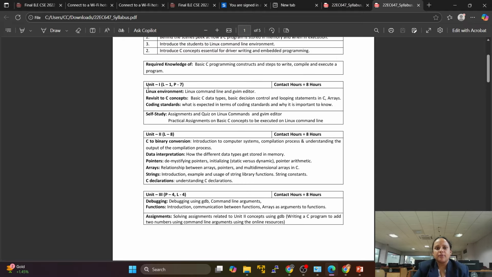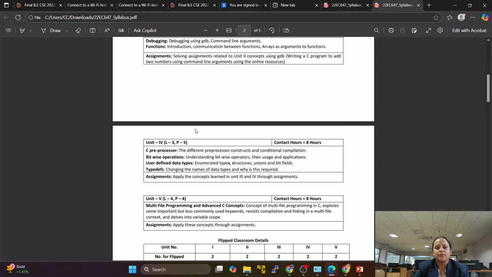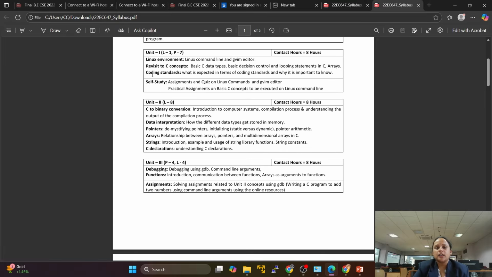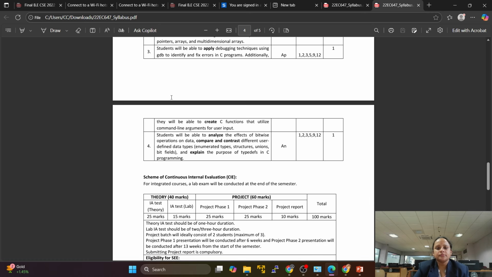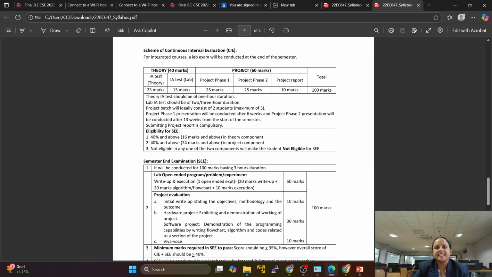As I explained before, there are a total of 5 units. So this is the CIE. One IA test will be conducted, of 25 marks. One lab IA test of 15 marks, of 2 to 3 hours duration, and a project of 60 marks.